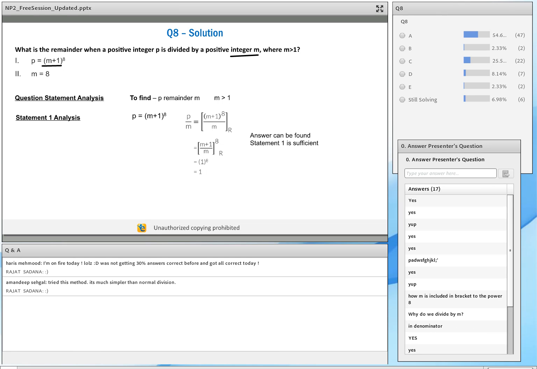Okay. How is m included in the bracket? I would recommend, Kabir, to go back, look at the prior examples that we did, and you're going to find that we did exactly that.